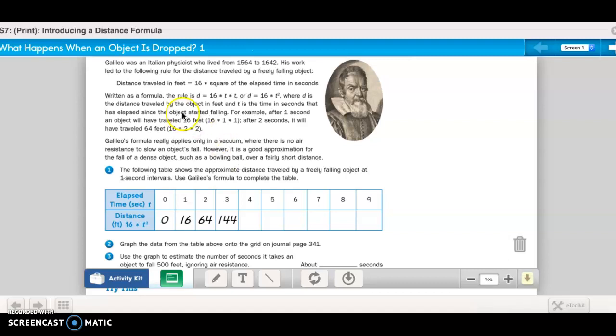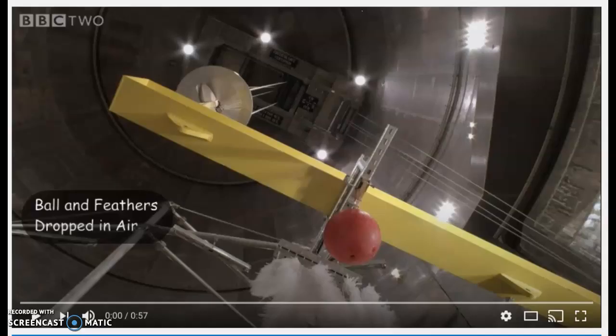I'd like to take this opportunity to show you a quick video from YouTube that gives you a real-world example of an object falling in regular airspace as opposed to falling in a vacuum. The video shows two situations. First, we're going to be dropping a bowling ball and a feather in a normal room.